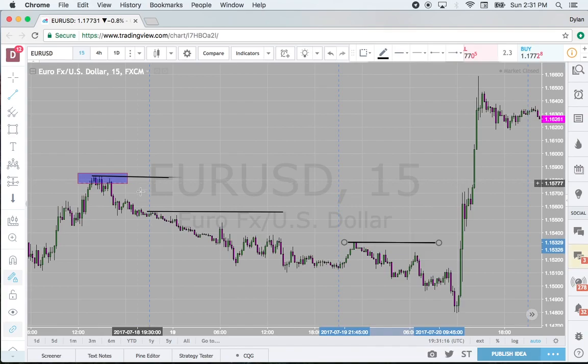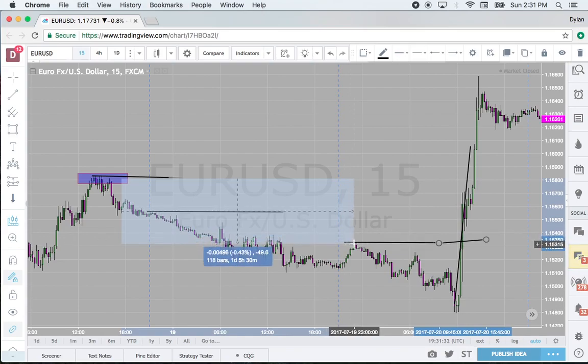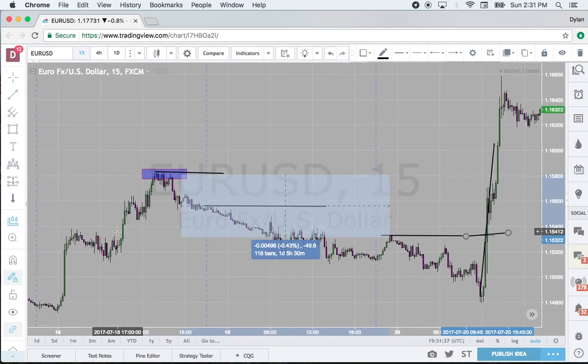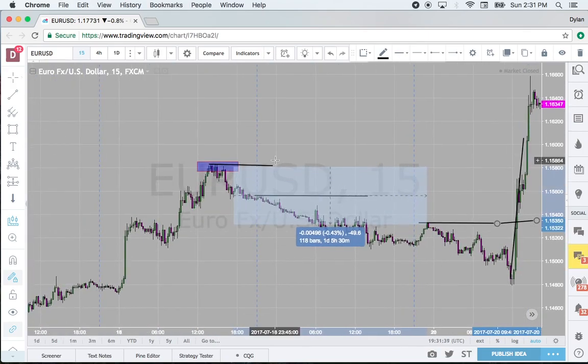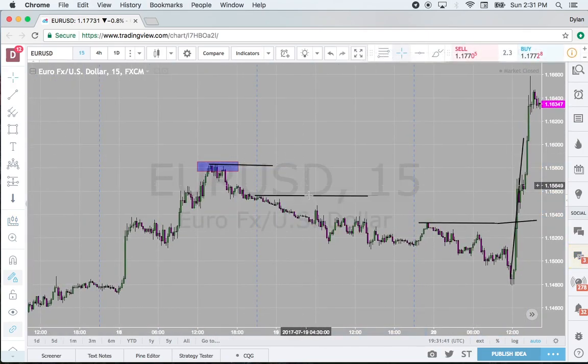Now, if you placed your stop loss and kept moving your stop loss to the highs of the day, your stop loss would be safe each day until this move occurred, and you'd be stopped out right here at about 50 pips profit. So it's really important that you guys realize that 50 pips is kind of the sweet spot.